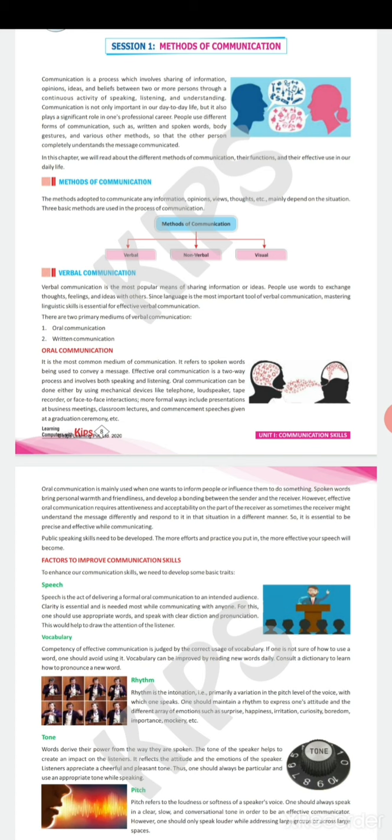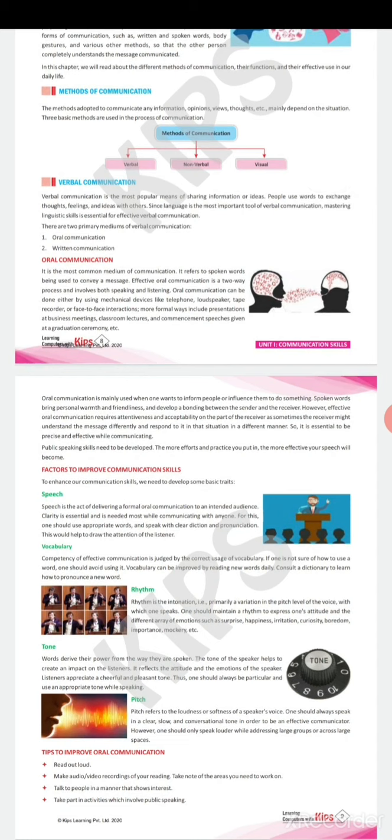Now, next, the first topic is verbal communication. So verbal communication is basically any type of communication in which we use words. Okay, it can be oral or written. Now in oral communication, in this chapter we will read how we can improve communication skills.